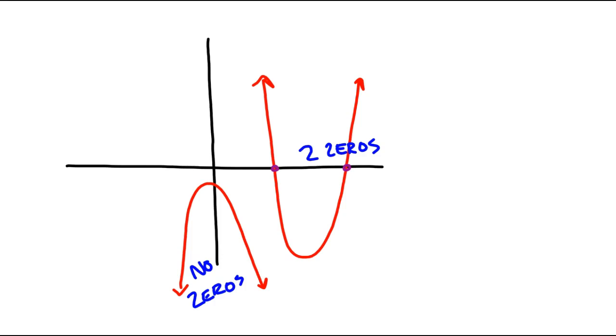You also might have a situation where there's 1 zero, and that would be when the vertex is your intercept. So that might be a case where you have 1 zero. I'd say a lot of times we have 2, but it's not the only possibility.